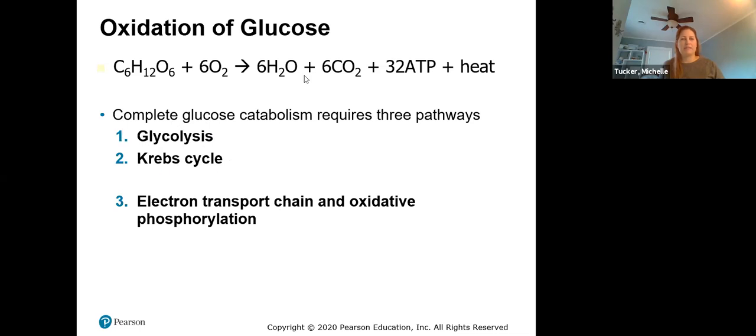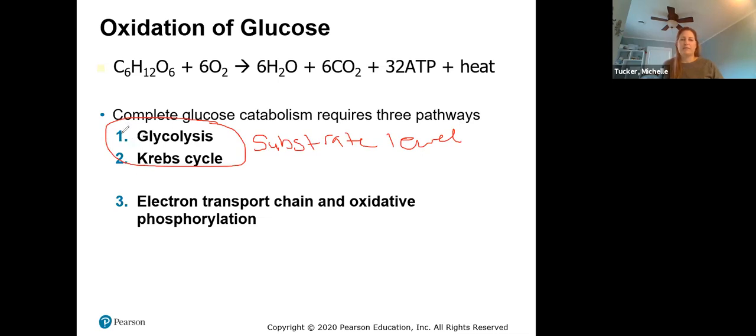I've separated these two because, just as a reminder, glycolysis and Krebs cycle are substrate level pathways for ATP production.